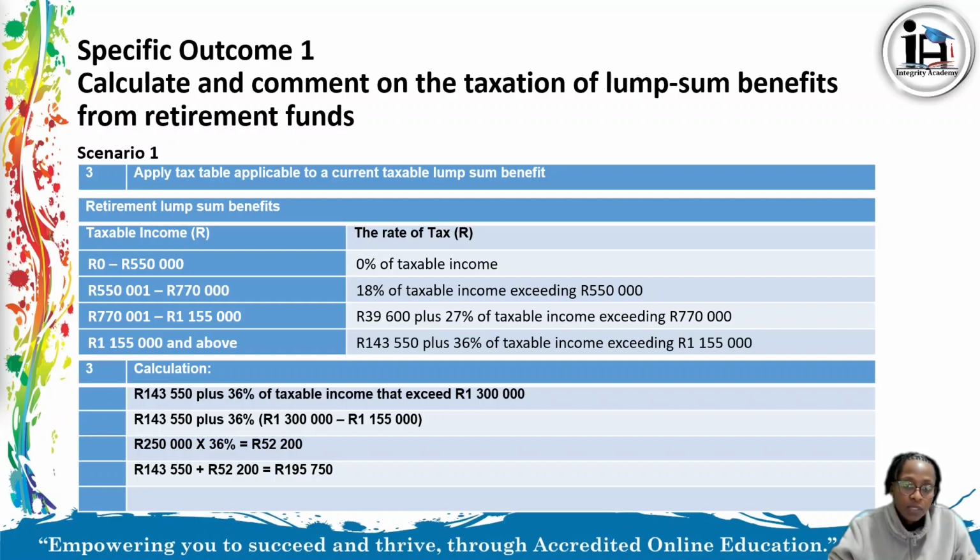Therefore, we say 1,300,000 minus 1,155,000 is 250,000, multiplied by 36%, which is 52,200. Therefore, to that 52,200 we add the 143,550, bringing us to a total of 195,750.